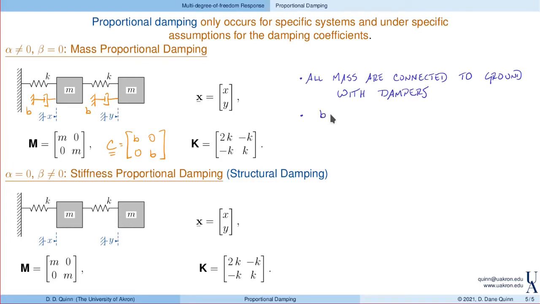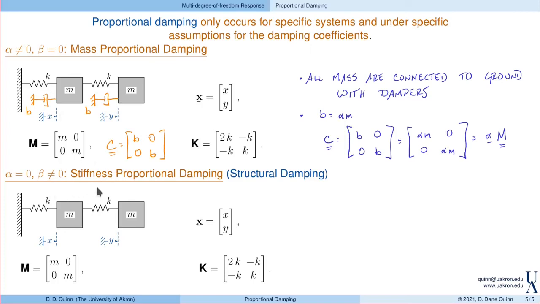So B can be written as alpha times M. And as a result, this C matrix, which again is B, 0, 0, B, has to be equal to alpha M, 0, 0, alpha M, which is seen to be alpha times the mass matrix. So again, if this ratio is identical and each mass is connected to the ground with a damper, then the system would be mass proportionally damped.